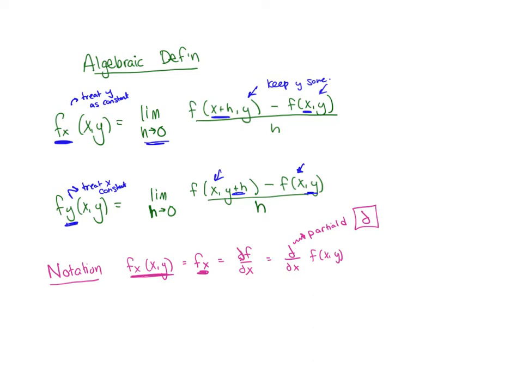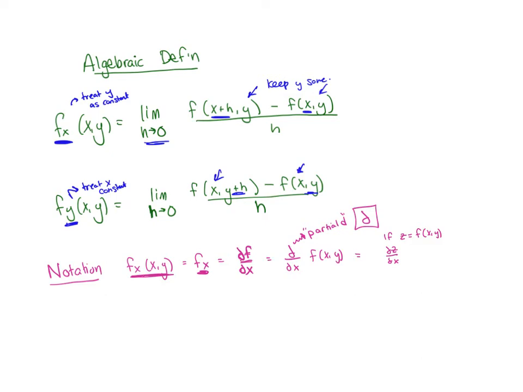So the partial derivative of f with respect to x, or partial d by dx of f of x y. And sometimes it's even called partial. You might also see this, if you have z equals your function of x and y, you could also call this dz dx, or partial z partial x.